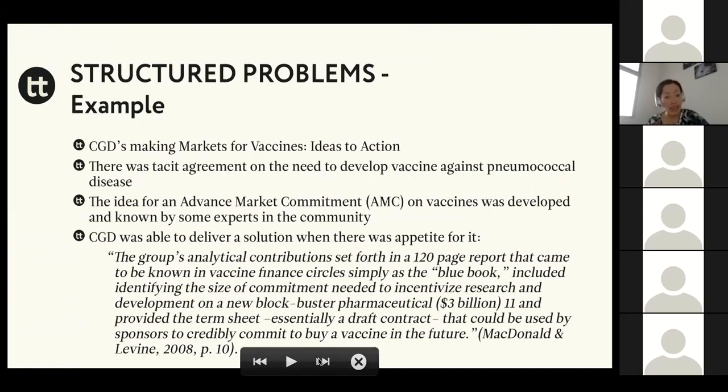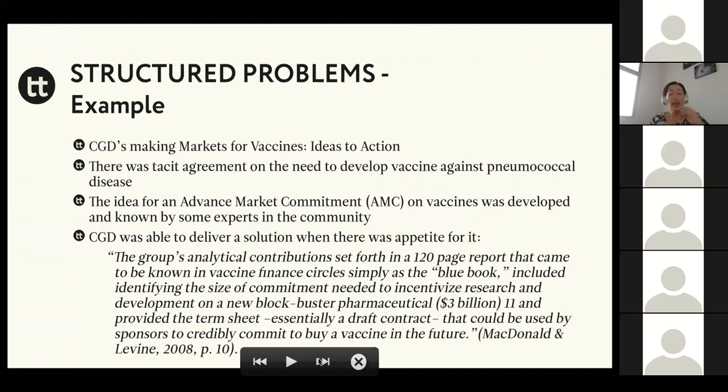There is a case study of this program. CGD has written about their experience handling this problem and putting forward this initiative. One of the things that they mention many times is that there was already a tacit agreement among the development community, the experts in the field, that they needed to develop this vaccine against pneumococcal disease.